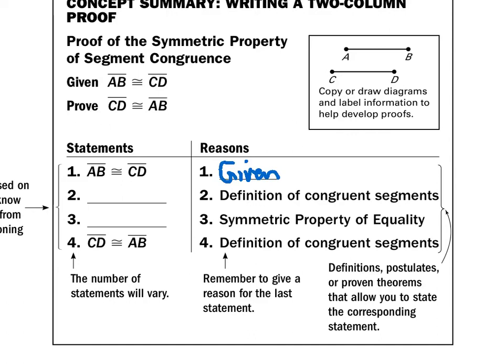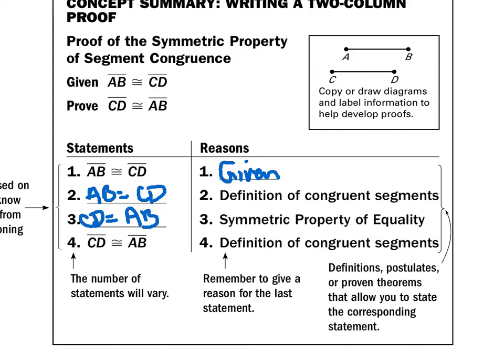Now, what can we say? We can say that AB equals CD, because that's what congruent means. Now I can flip it around and say that CD equals AB using the symmetric property.